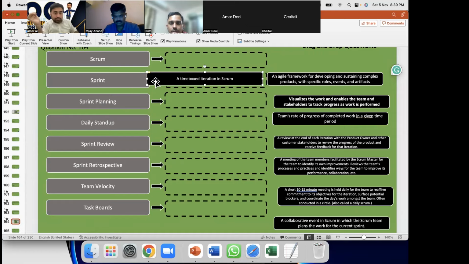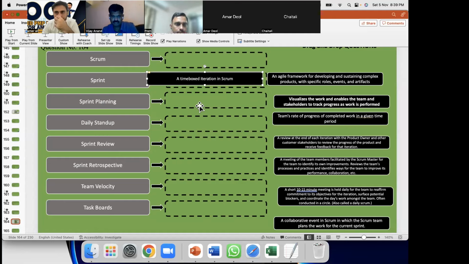Next, an Agile framework for developing and sustaining complex products with specific roles, events, and artifacts. That will be Scrum. Visualize the work that enables the team and stakeholders to track progress.